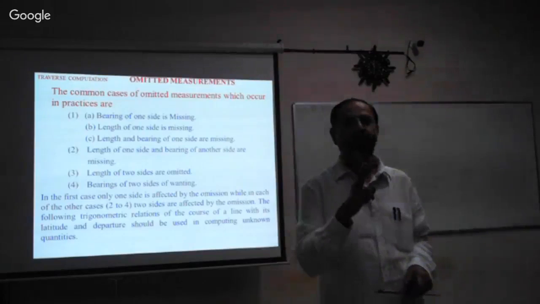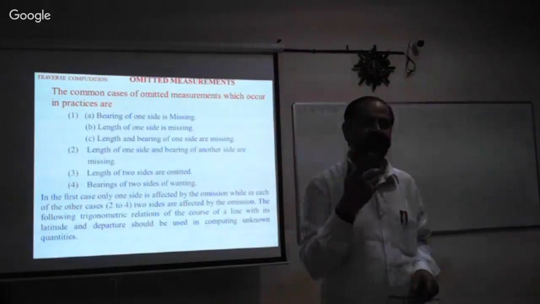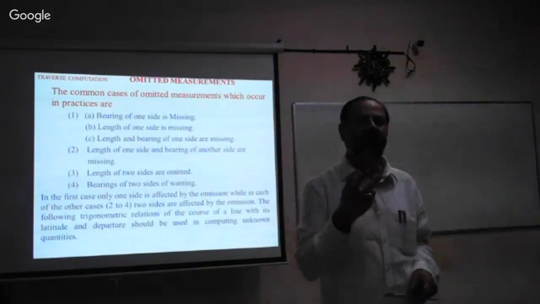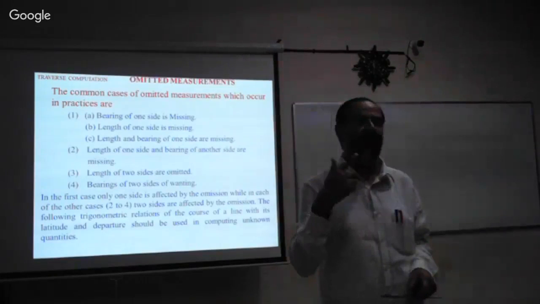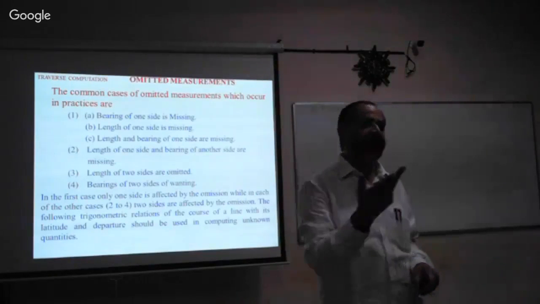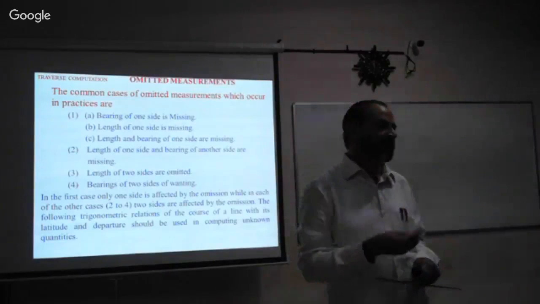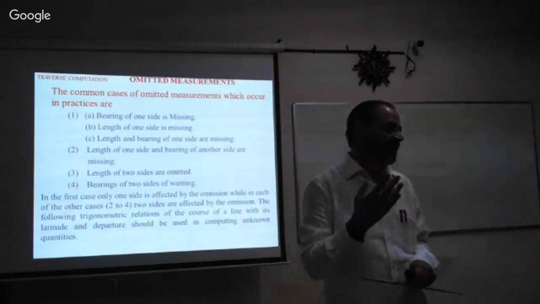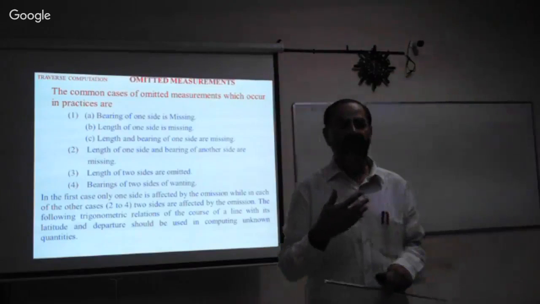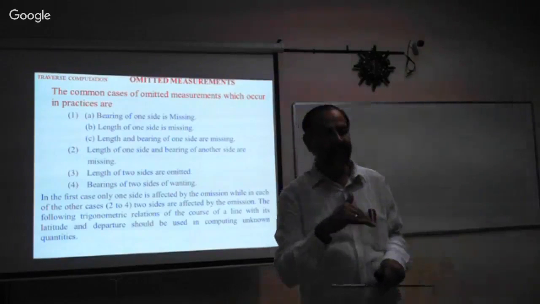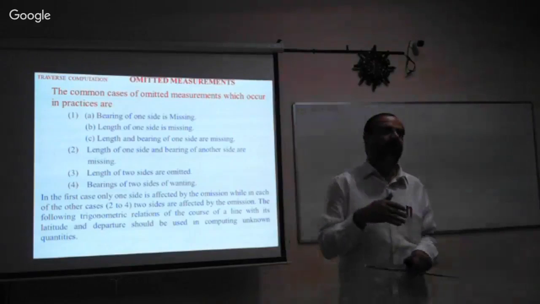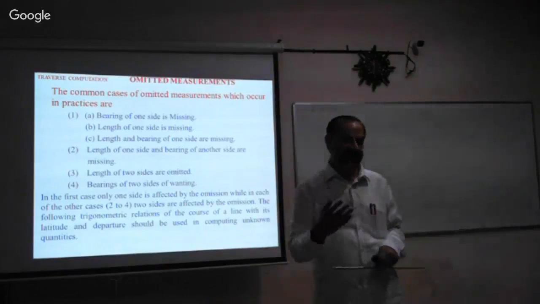Sometimes two bearings cannot be measured, or two lengths cannot be measured. Sometimes the length of one line and the bearing of another line cannot be measured. Or sometimes after doing everything, we may lose it, isn't it? Due to some reasons. Therefore, under those circumstances, how to complete the traversing, isn't it?